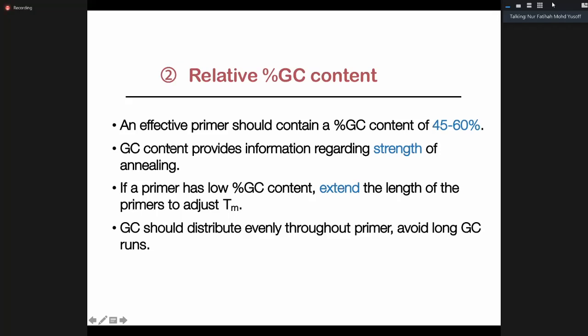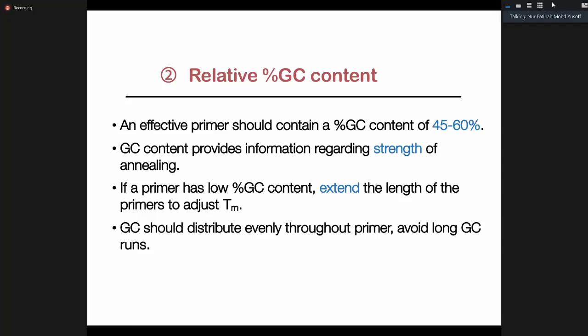Okay. GC content provides information regarding strength of annealing. As you know, GC bonding is 3 hydrogen bonds as compared to A and T. So that's why GC content reflects the strength of the annealing. Okay, if a primer has low percent of GC content, extend the length of the primer to adjust the melting temperature.